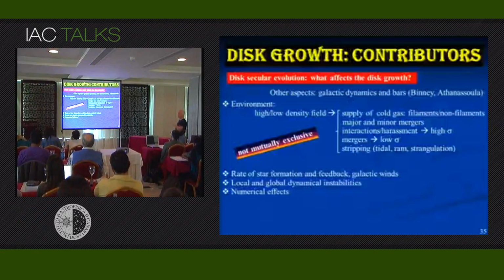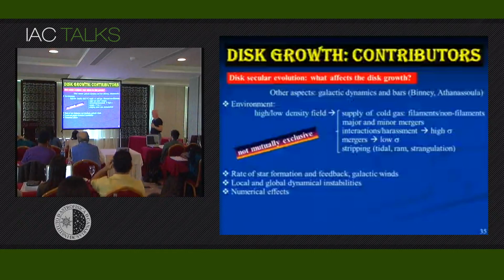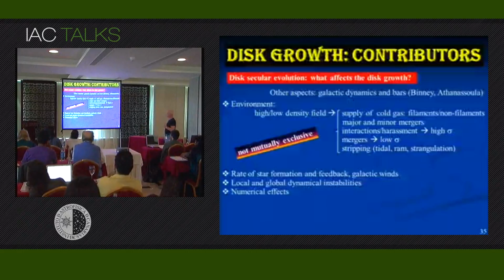What affects the disk growth? Well, there are two things. Environment, not two, four, I counted. Environment depends on where the object sits, in the field or in the cluster. Here I compiled a list of particular processes.